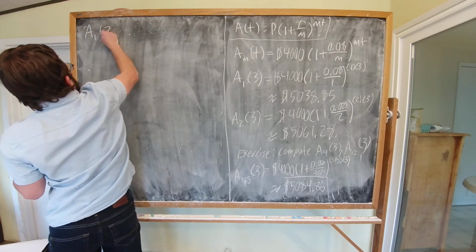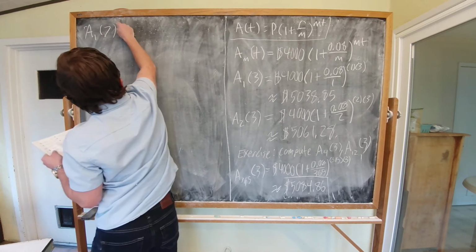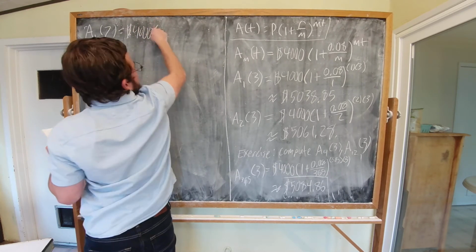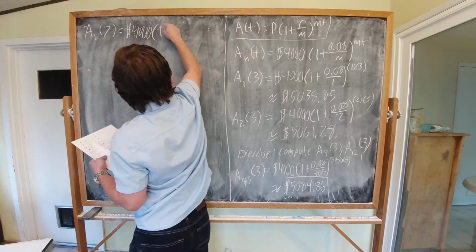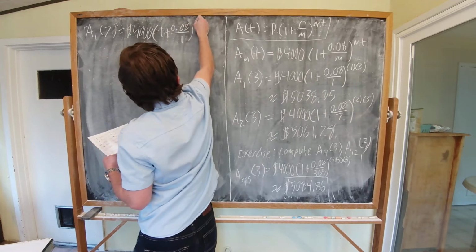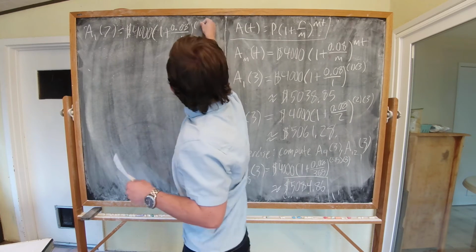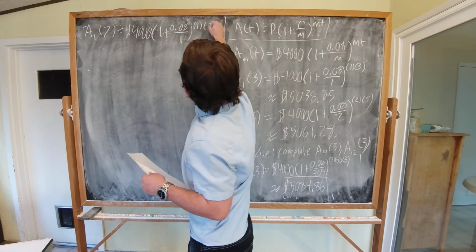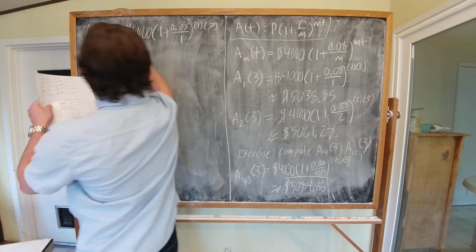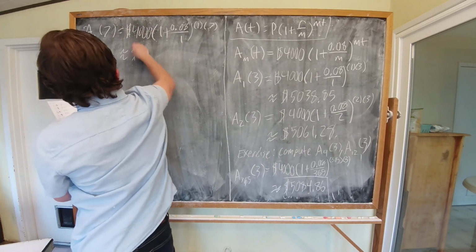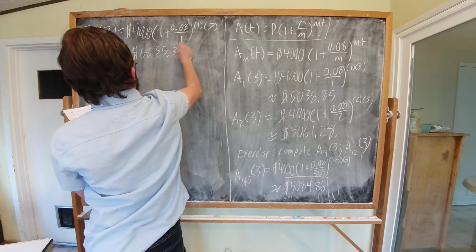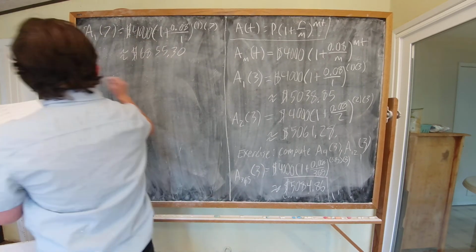A 1 of 7 would be $4,000 times (1 plus 0.08 divided by 1). Now, instead of being to the 1 times 3, it'll be 1 times 7, since we're working with t equals 7 now. And that would be roughly $6,855.30.